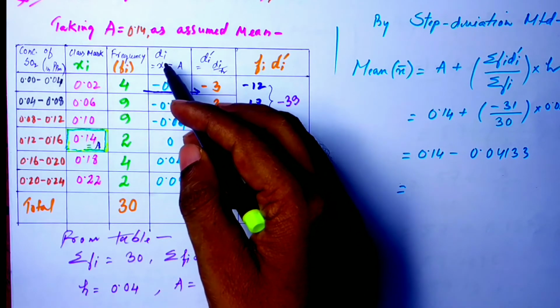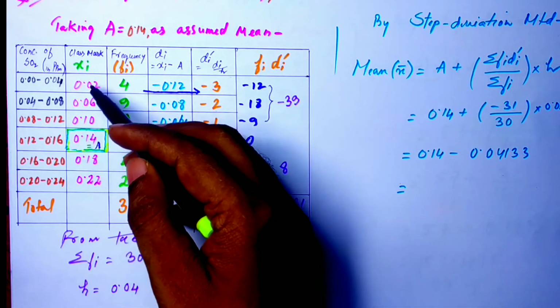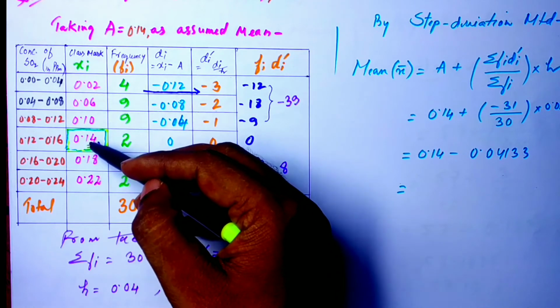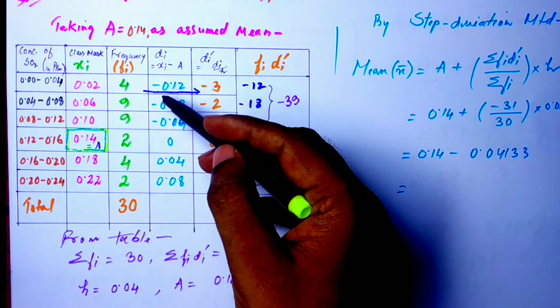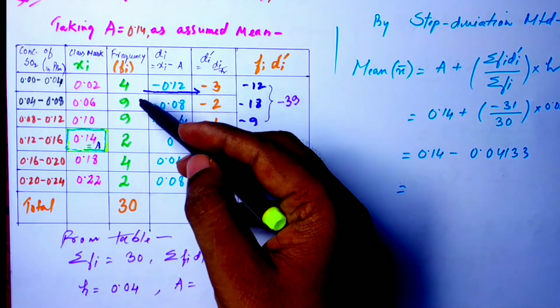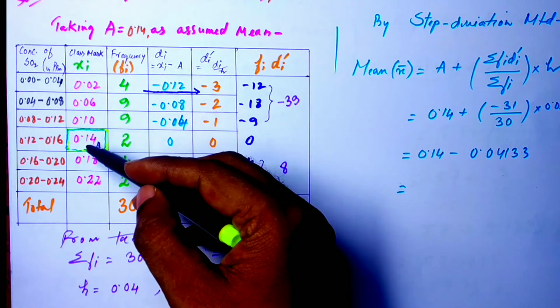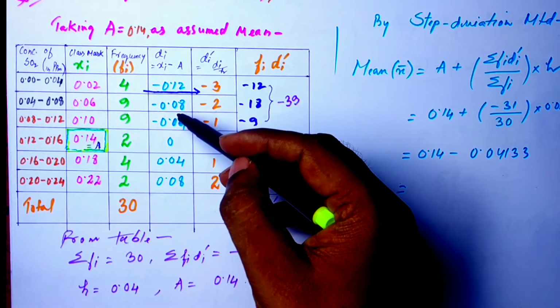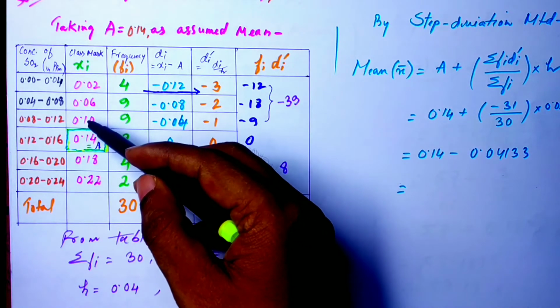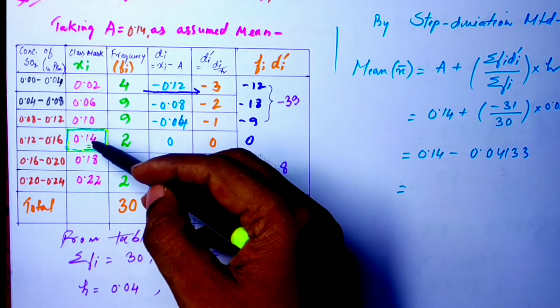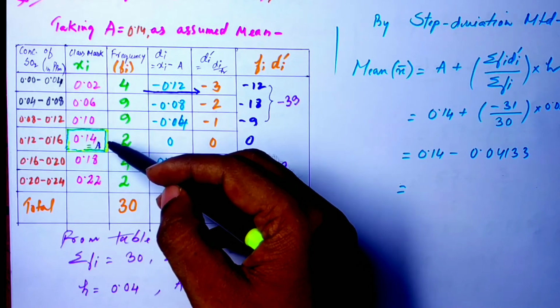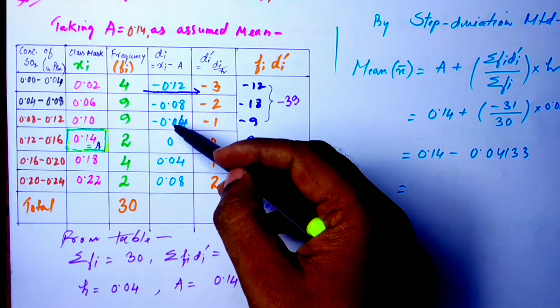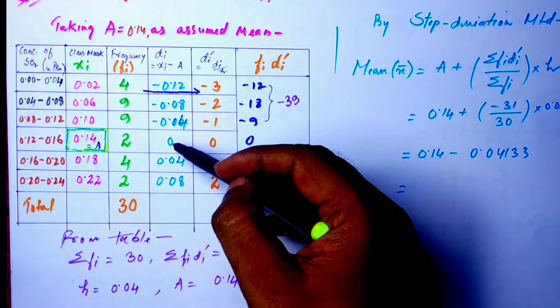Then we found out di, which is xi minus a. 0.02 minus 0.14 is minus 0.12, 0.06 minus 0.14 is minus 0.08, 0.10 minus 0.14 is minus 0.04. Here it is 0.